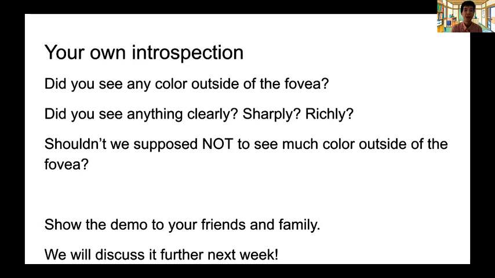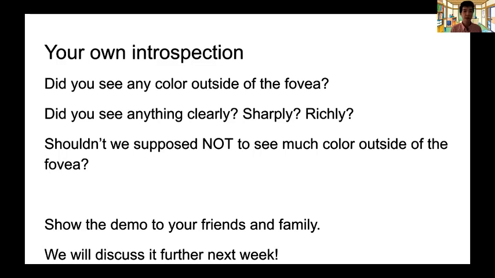If you have time, show this demo to your friends or family, and ask about their color experience. If you believe the cone density decrease corresponds to a color illusion in the periphery, then other people should also not see that color.